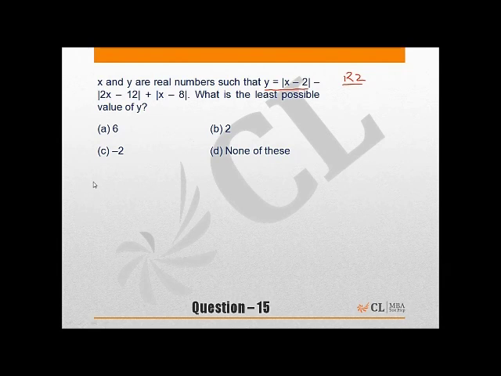Okay. So let me just rewrite the equation and then solve it. Y is equal to mod of x minus 2 plus mod of x minus 8 minus mod of 2x minus 12.